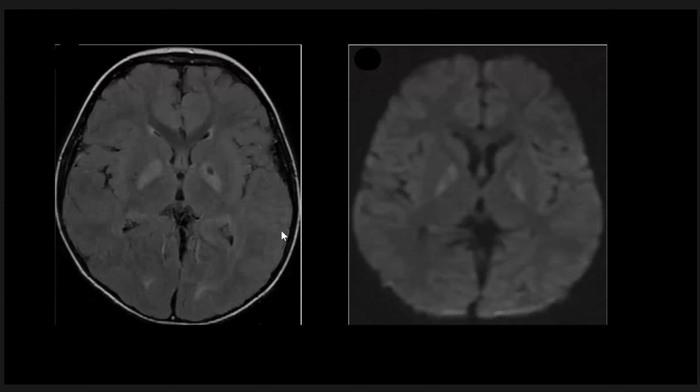In this patient with Leigh disease, we have asymmetric involvement of the lentiform nuclei bilaterally on FLAIR images and with restricted diffusion on this image, the right side involved more than the left side.